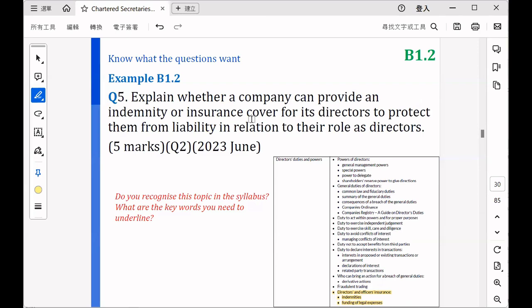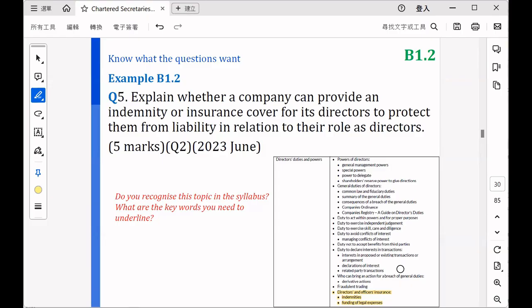Let's take a look at another example, which I would say is not a very popular question. It's about the indemnity or the insurance cover.